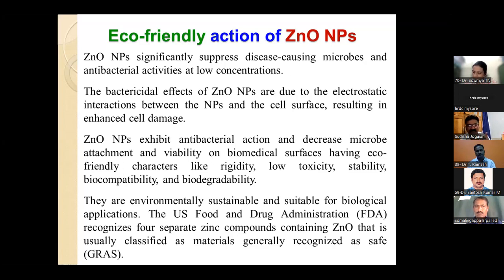So in this way, ICAR made a committee in 2022, and this committee recommended that biocontrol scientists work on nano fertilizers instead of other approaches for reducing pathogenicity or virulence in the host system.